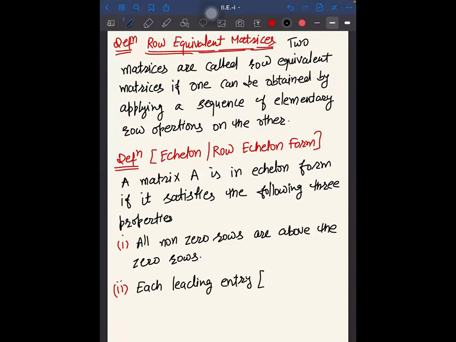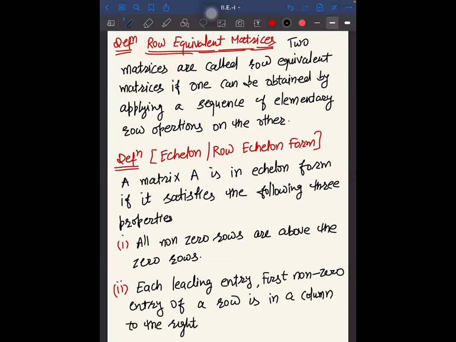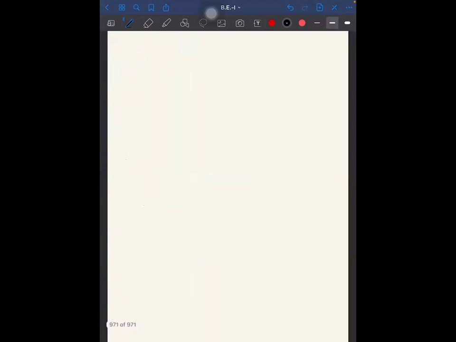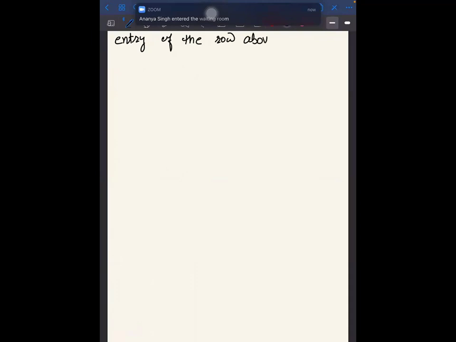The first non-zero entry of a row is in a column to the right of the leading entry of the row above it.